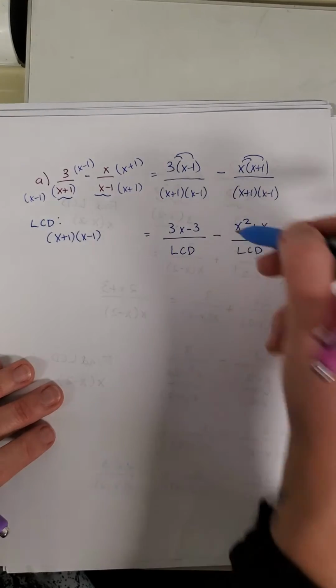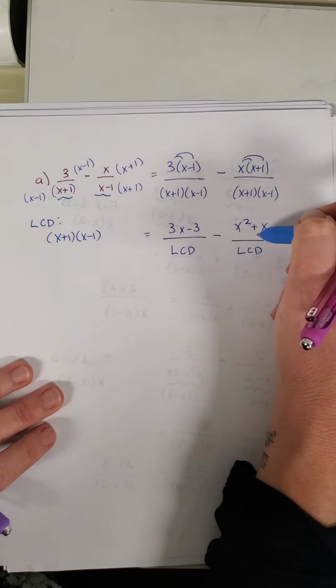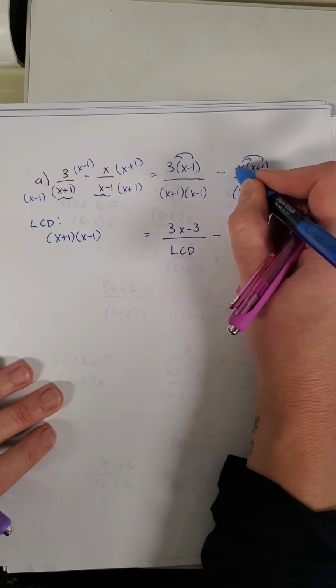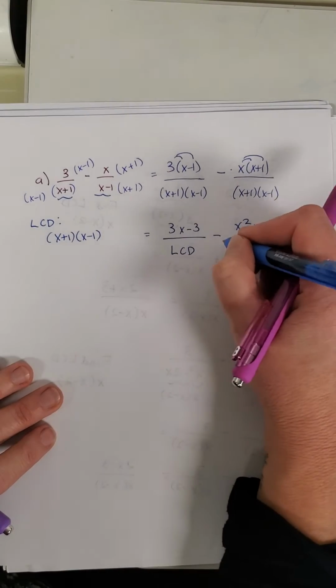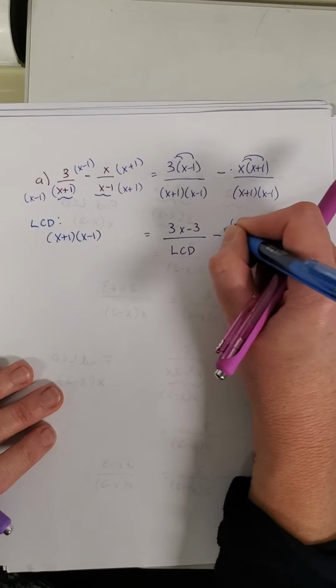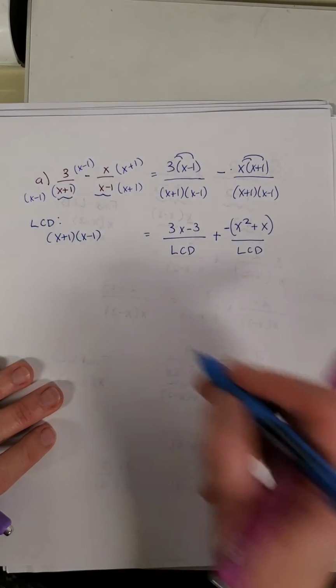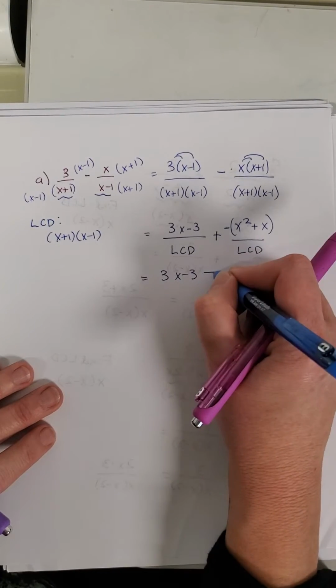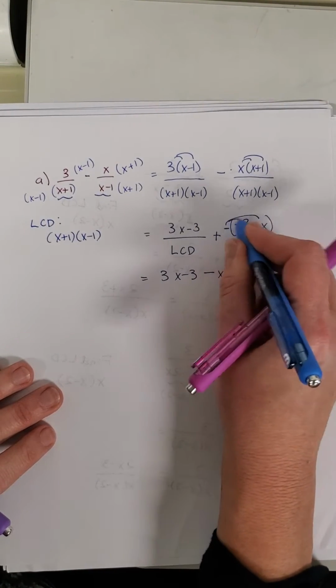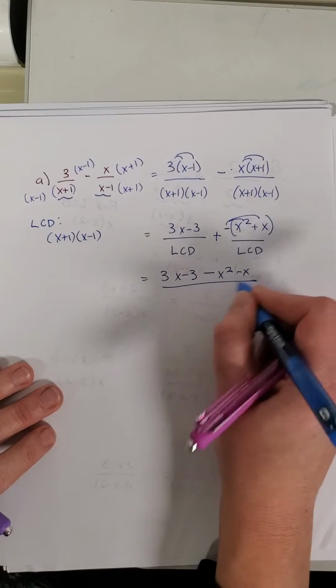Now, whenever I have a negative here, I generally, before I multiply, would put that in front of my x and then multiply it through, but I'm going to go ahead and do it now. So I'm going to multiply this negative through. I'm going to get 3x minus 3, and then minus x squared, minus x, all over the LCD.